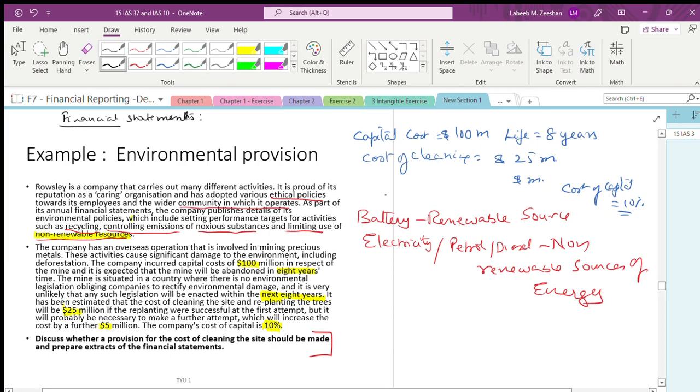They have taken into consideration 100 million. What are the things we are talking about in terms of non-current assets? We are talking in terms of depreciation over the next 8 years. Is it right? We will come across current liability and we will come across non-current liability.